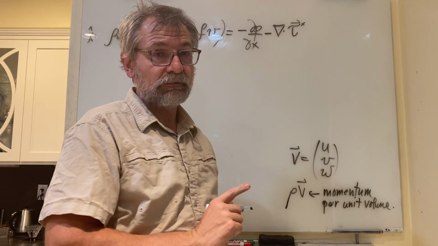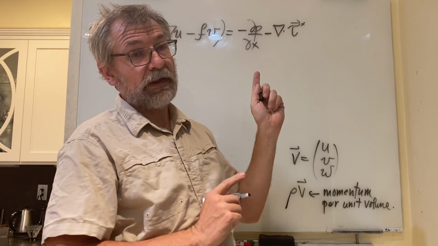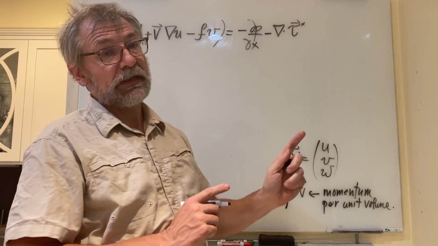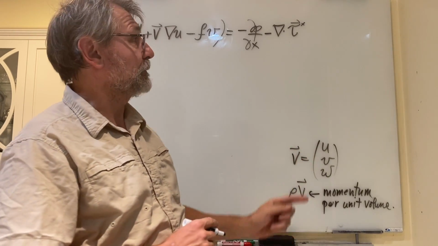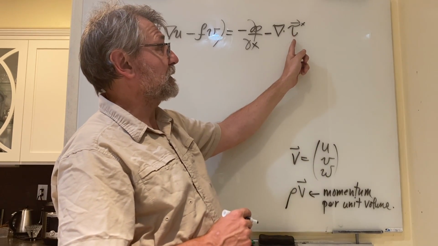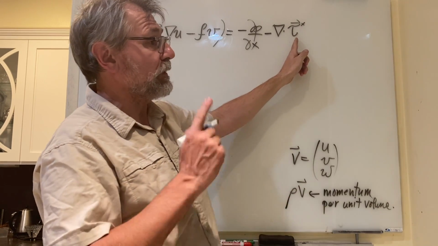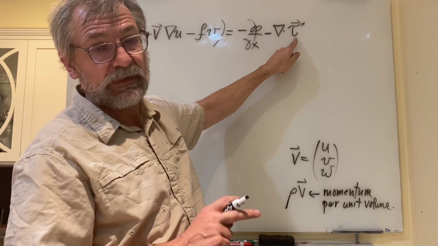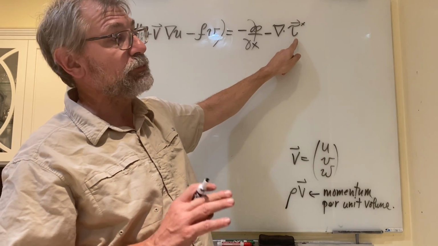You can also have the northward transport of the eastward component of momentum, and you can also have the upward transport of the eastward component of momentum. So this stress is really a tensor, and here we're only taking one part of that tensor, which is all the components of the stress tensor that have to do with eastward momentum.